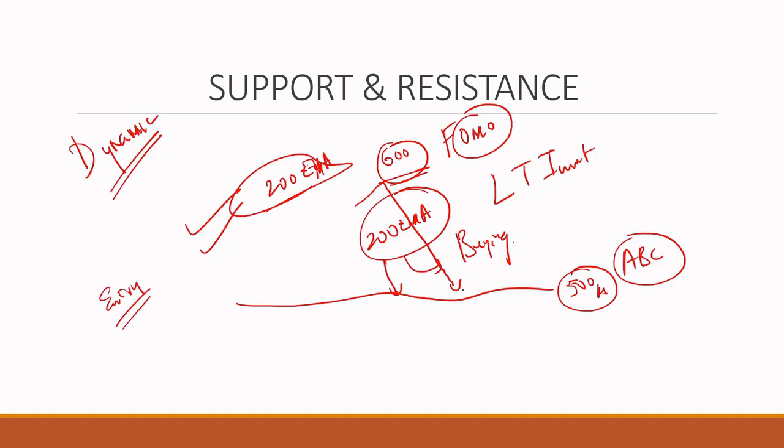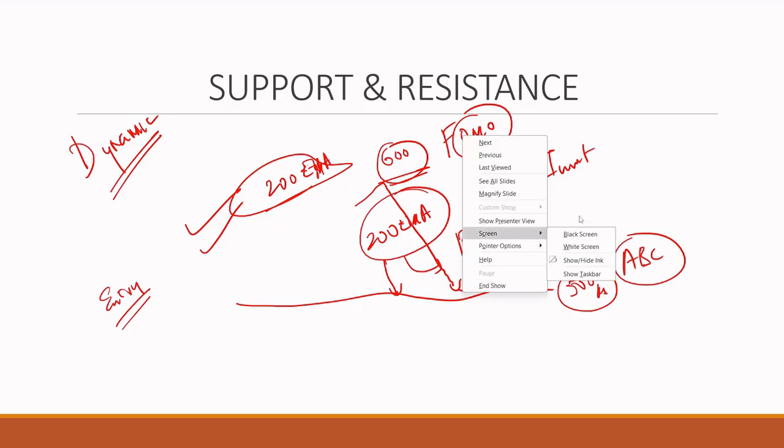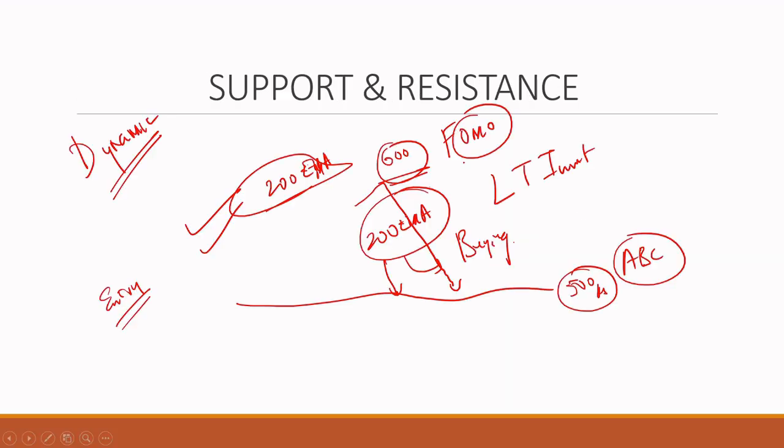You exit here, but probably there are people who are waiting for the right entry and then they buy it here at 500. So you would have missed the opportunity of buying this. So what we need to do is that patience is the key when it comes to trading or investments. You always need to wait for a dip to go long. So ideally this acts as support as well as resistance.